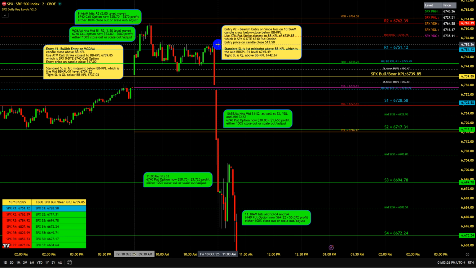So the way TradingView works is that if the symbol you have your chart on is closed, and at 9 a.m. the CBOE SPX index is still closed because it doesn't open until 9:30. So even though the indicator already knows what the levels will be for CBOE SPX, it cannot display them because of PineScript's coding. The way it works is that there has to be a tick on the chart, and if the market's closed, there's no tick on the chart, so it can't display the levels.